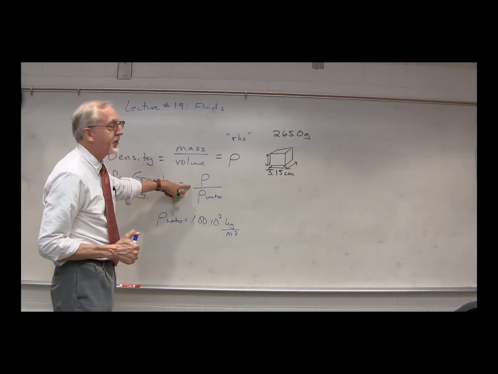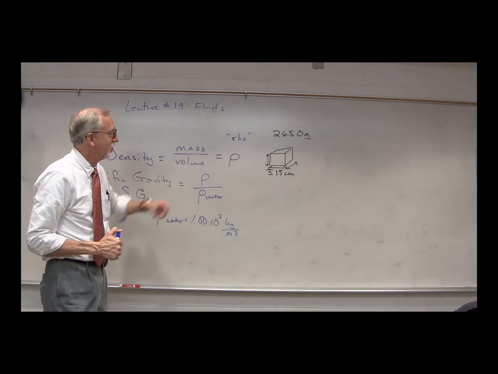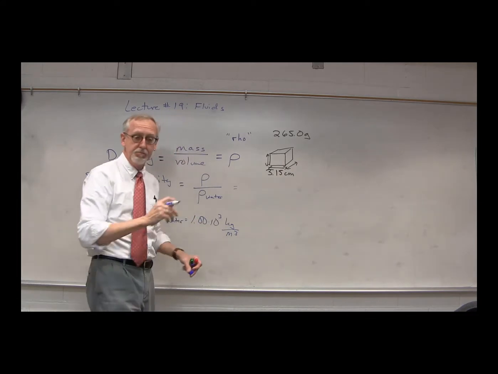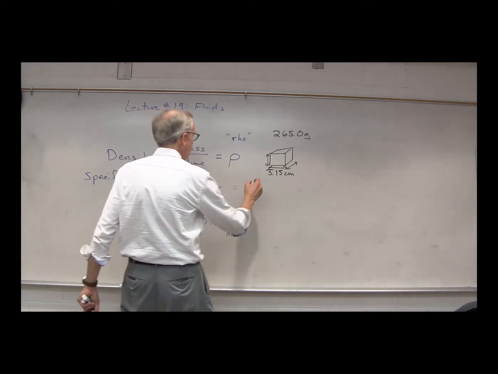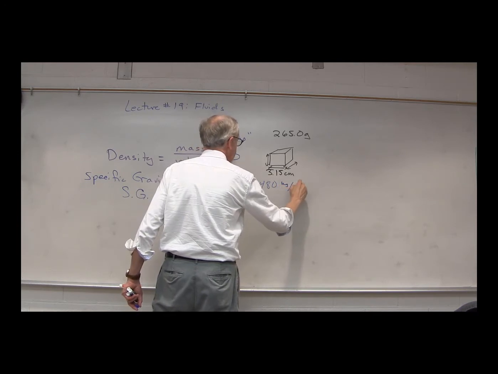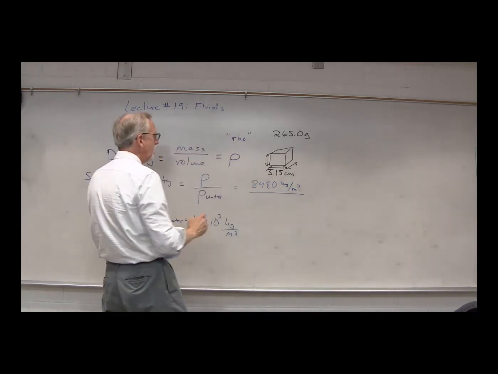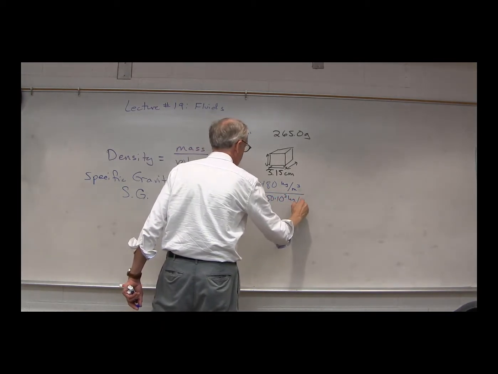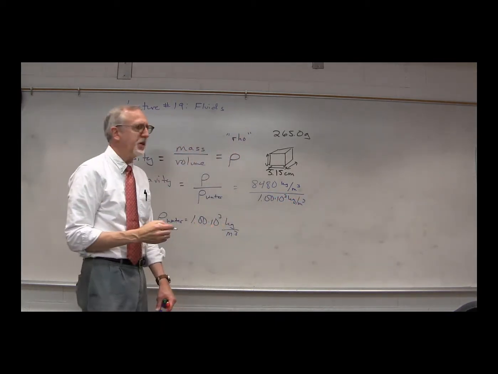So let's figure out what's the specific gravity of brass. Well, that would be, what did we find? 8,480 kilograms per cubic meter divided by 1,000. Now, what happens to the units?